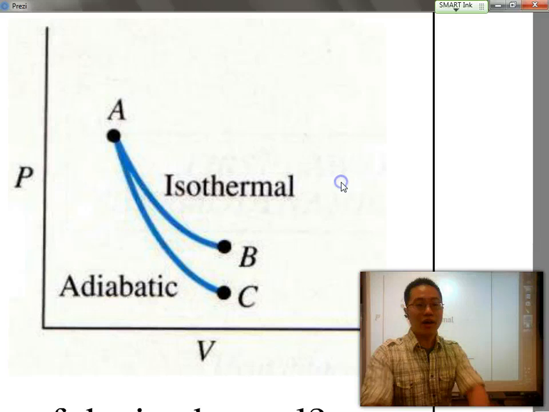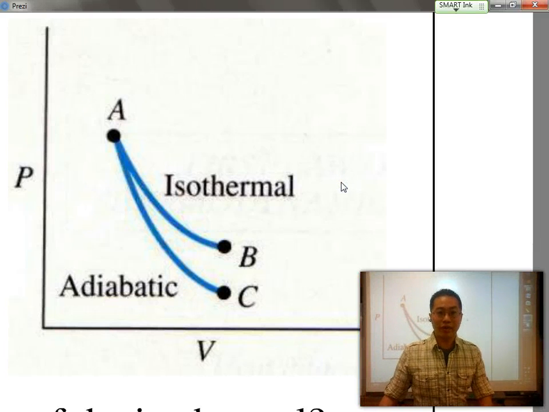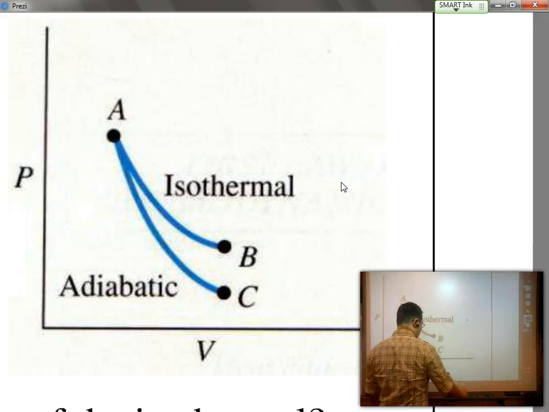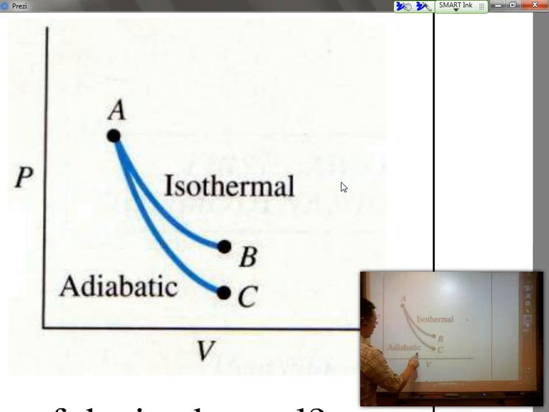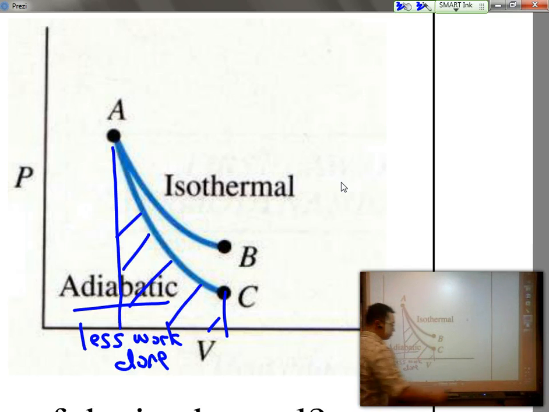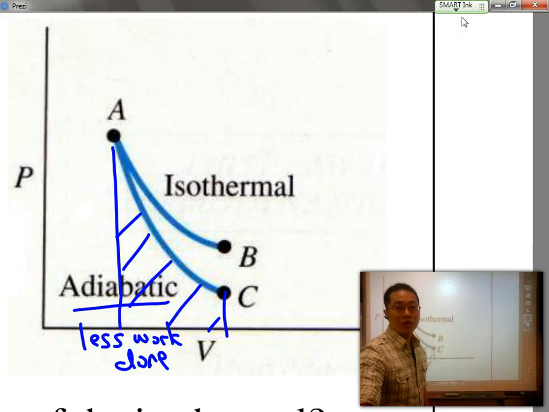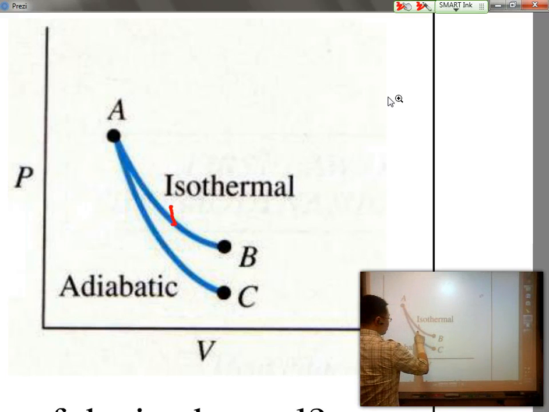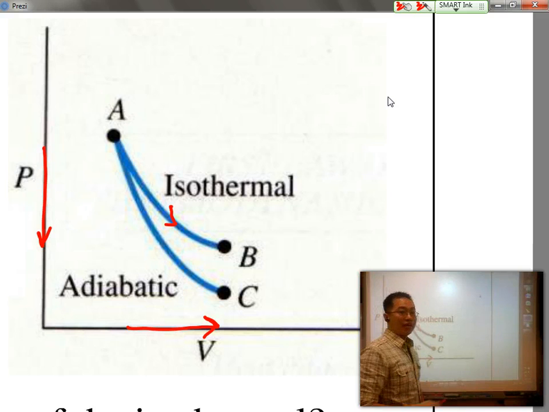I had mentioned before, how do you distinguish between an isothermal line and an adiabatic line? Well, in this case over here, when we have an isothermal versus adiabatic, the adiabatic will always have less work done. As you can see, it's lower than the isothermal line. But the reason it ends up being lower is simply because when you have an isothermal line over here, as the pressure is decreasing and the volume is increasing, the temperature remains constant.